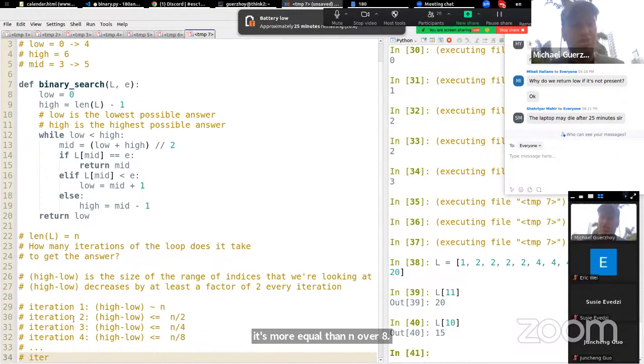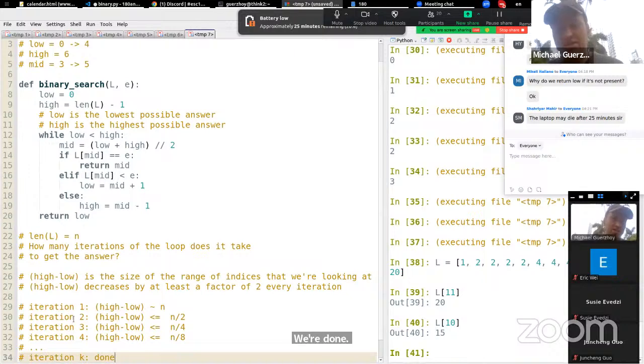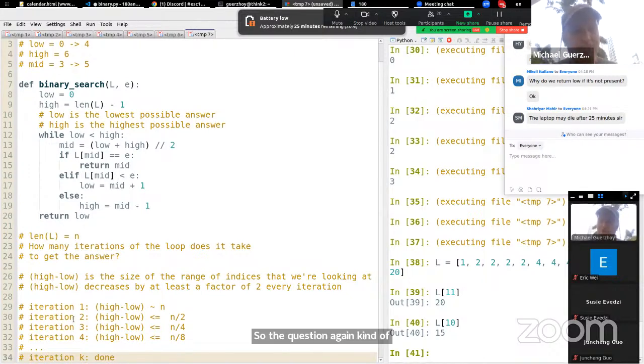And at iteration k, we're done. So the question we're asking is, how many iterations does it take to be done? So essentially, what is k?